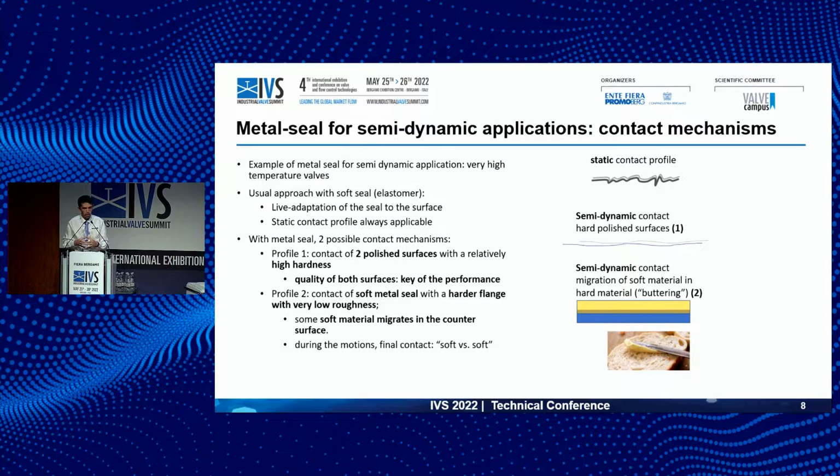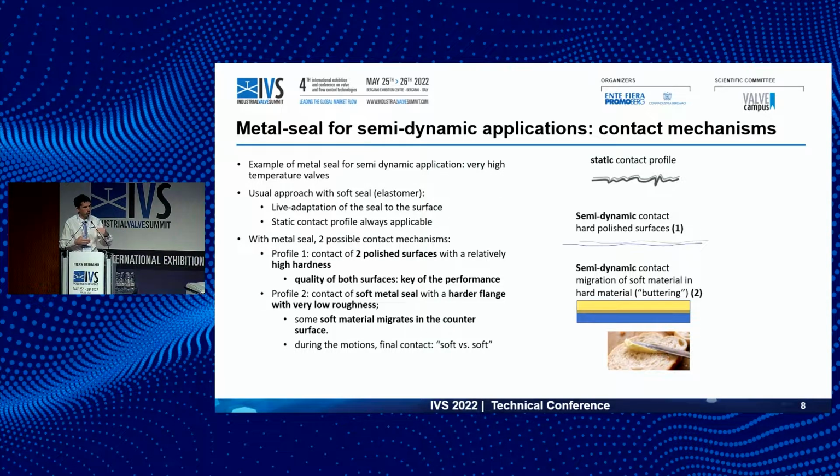The other possibility is a little bit more tricky. That means we have a soft seal coming in contact with harder flange, also with low roughness. But also, we can say that there will be a sort of migration of the soft material into the hard material. And finally, you will have a sort of motion soft versus soft, typically with a silver coating or with gold coating. At the first motion, the sealing performance is not the best.